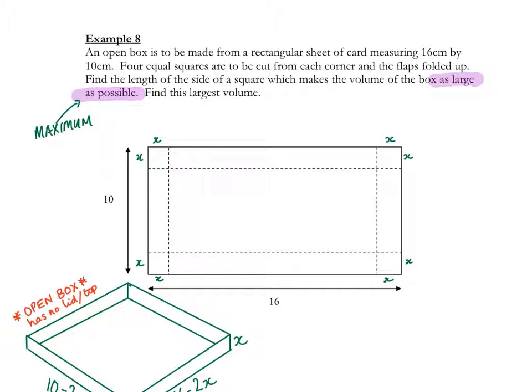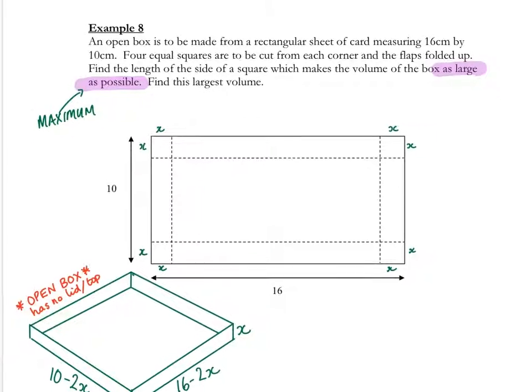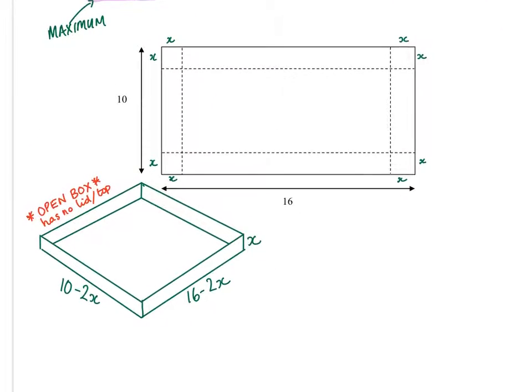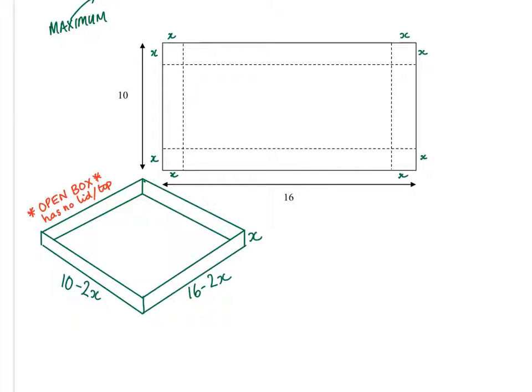And what we want to do is find the length of the side of this square here, which makes the volume as large as possible. So as large as possible tells me that I'm looking for a maximum, and then we've got to find the largest volume from that. So I took the surface area and drew it into a three-dimensional box.